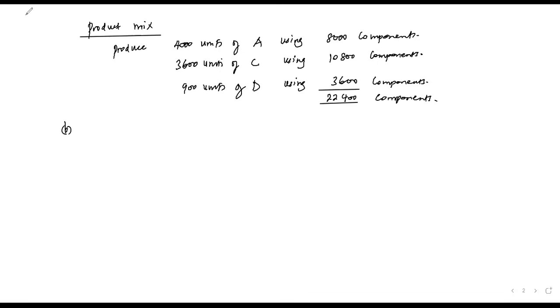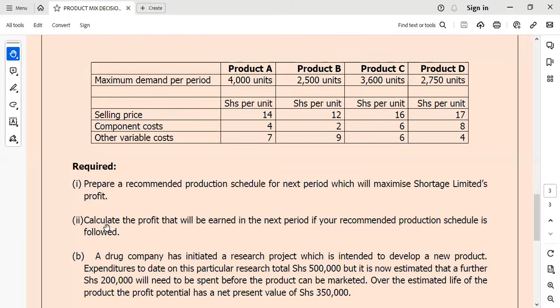Then part B of the question, Roman 2. Calculate the profit that will be earned in the next period if your recommended production schedule is followed.